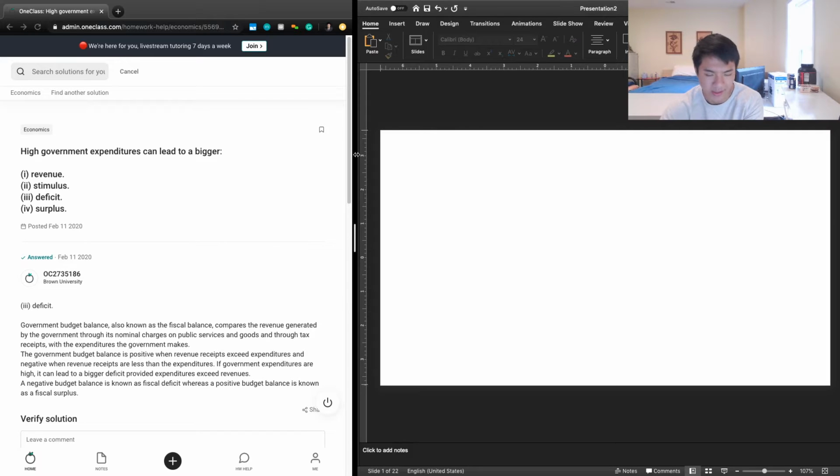When expenditures are greater than tax revenue, you have what is known as a deficit. Obviously, by increasing government expenditures, we would expect to see larger deficits, holding tax revenue equal. That's something we want to consider very heavily, and we're going to revisit stimulus and deficits as our two final answer choices.